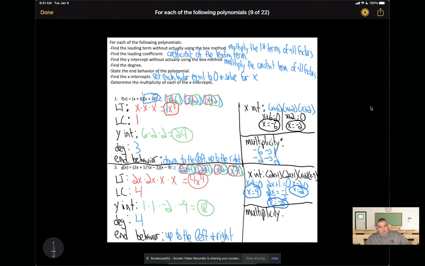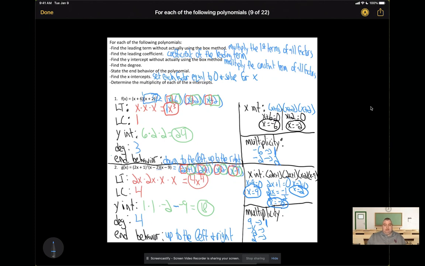For number 2, there are 3 x-intercepts. There's 9, there's negative 1/2, and there's 2. So for 9, its corresponding factor was x minus 9, which has an exponent of 1. So multiplicity for 9 is 1.